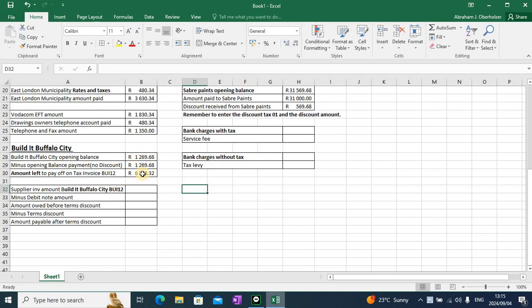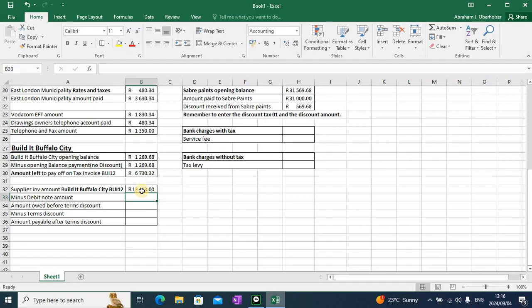So we used this calculation. Supplier invoice amount for Buffalo City Build It was 13,413, minus debit note amount.